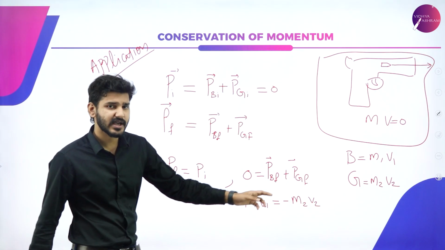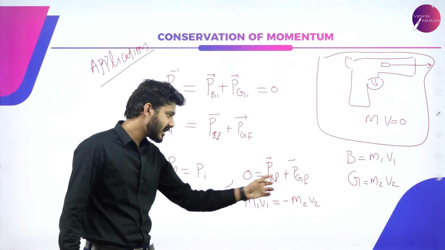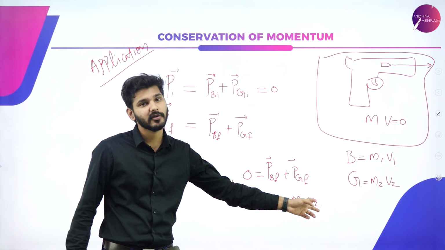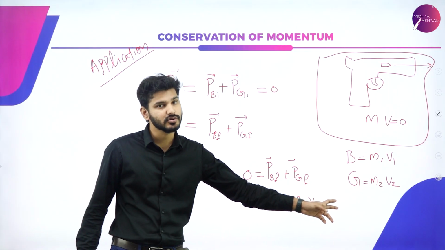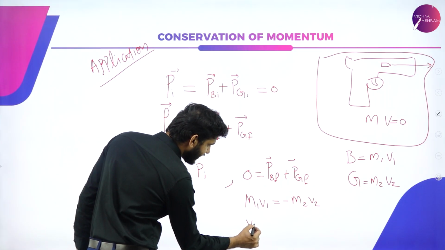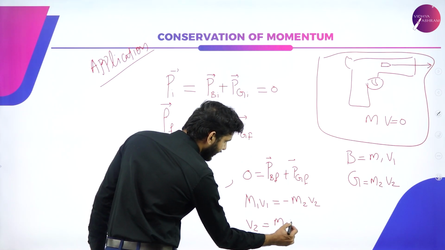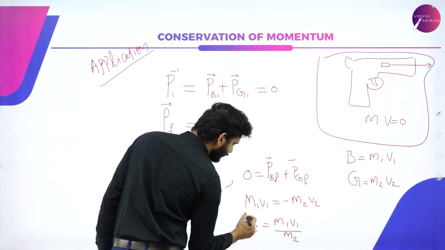Why minus? Because I simply took one of the terms to the left hand side. So the momentum of the gun should be equal to the final momentum of the bullet. So m1 v1 equals m2 v2. Or rearranging, v2 is equal to m1 v1 divided by m2.